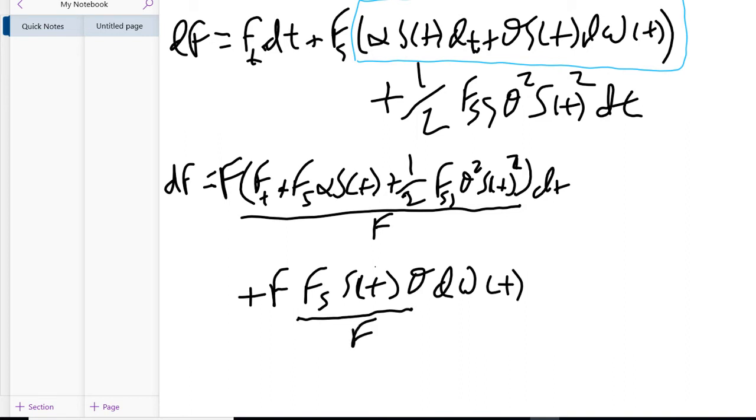Now, let's take this term and call it alpha subscript f, and then we will take this term and call it sigma subscript f.